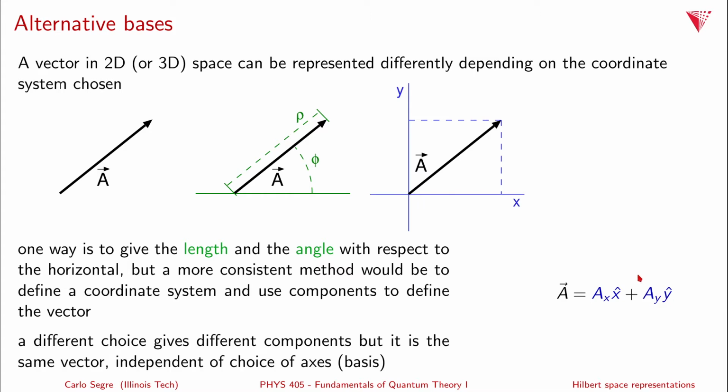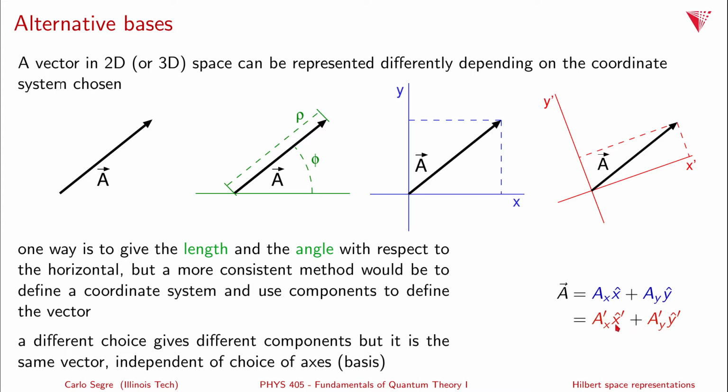A different choice of Cartesian coordinates will give different components, but it's the same vector independent of choice of the axes or the basis. Let's illustrate that by rotating our axes and calling them x prime and y prime. They're still 90 degrees apart, they're still Cartesian, but now you get a different value for A sub x prime and A sub y prime.